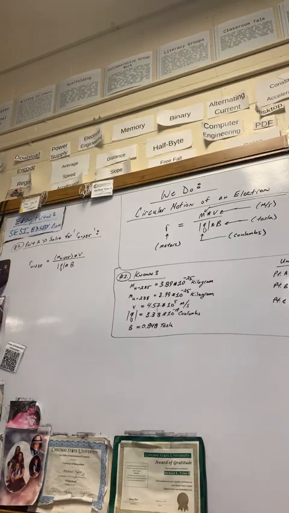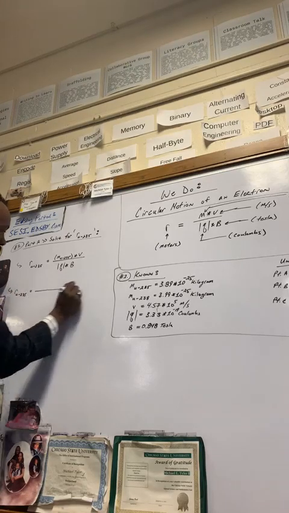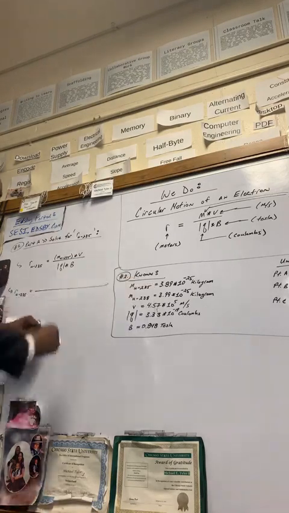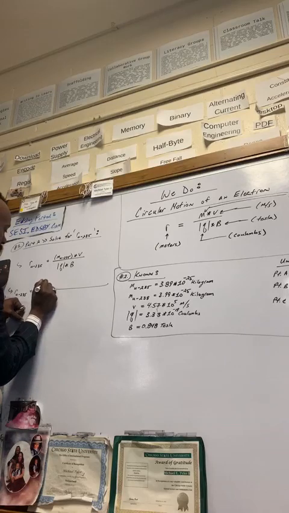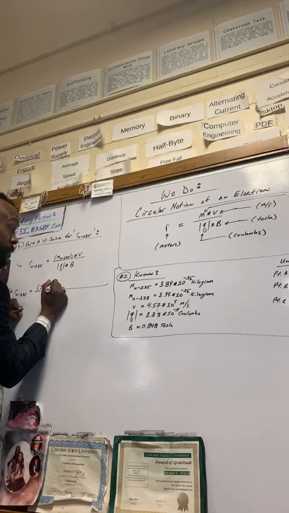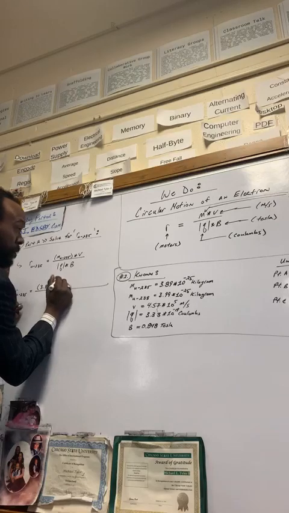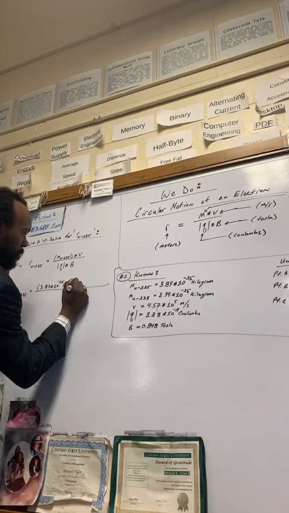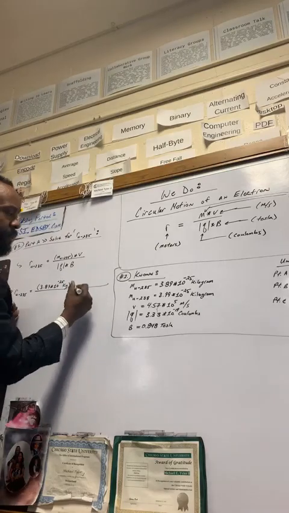Plug in the numbers. So we got, let's plug it in. It's a long one, so let's write it out. Top part, numerator. So it's going to be this, right? And then velocity.